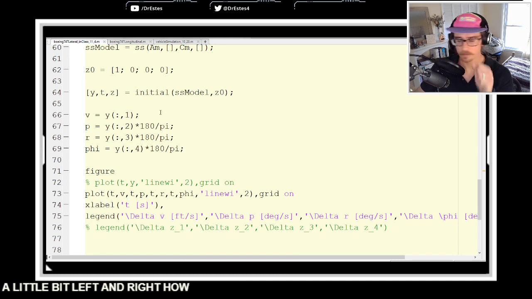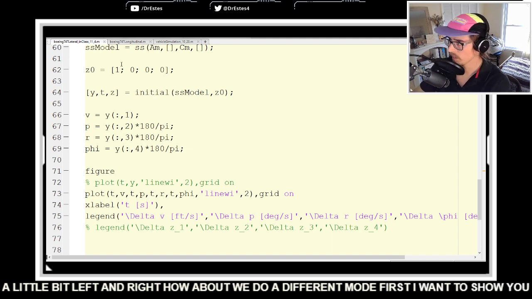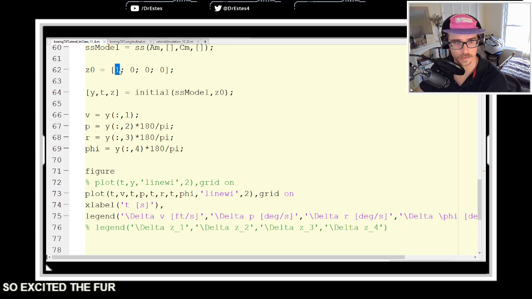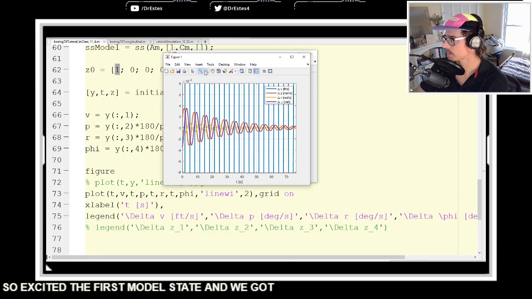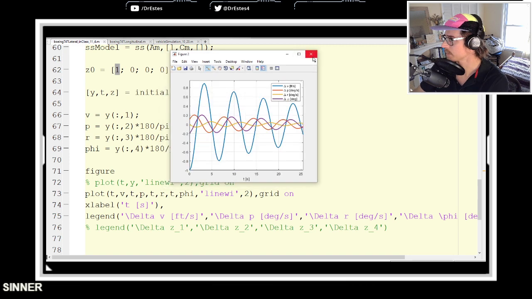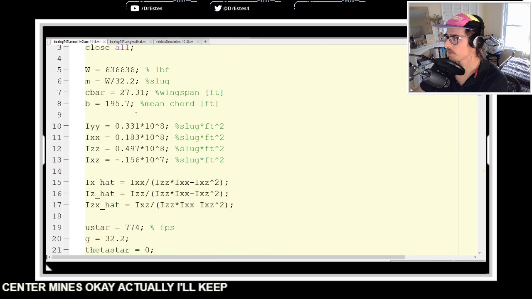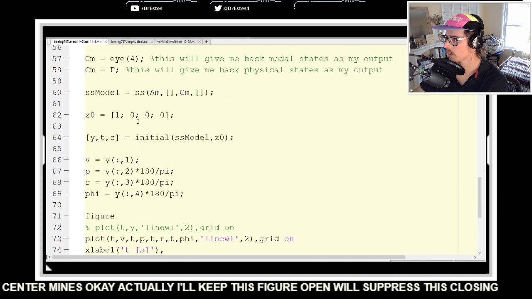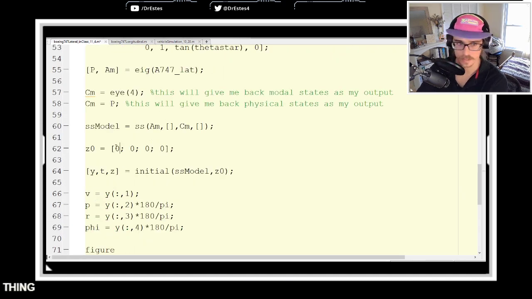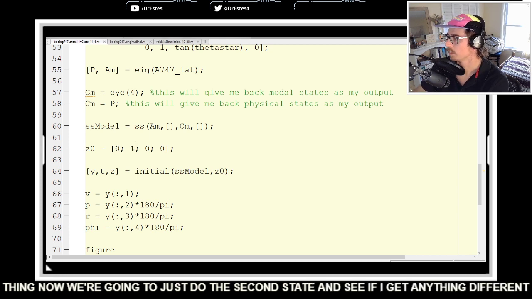How about we do a different mode? Oh wait, first I want to show you. We excited the first modal state, and we got this response. Let's freeze this in our minds. I'll keep this figure open. Now we're going to do the second state and see if I get anything different. And I shouldn't.